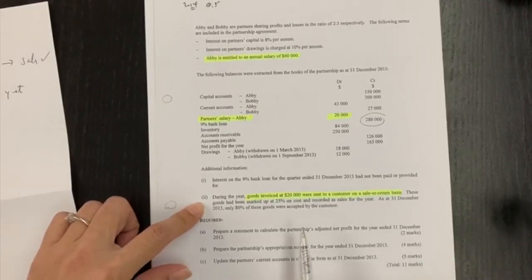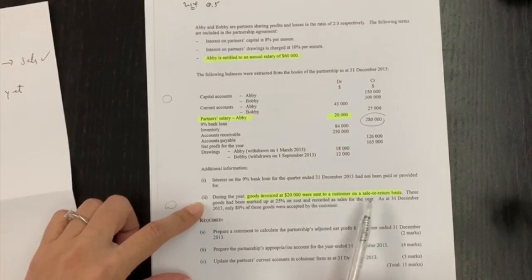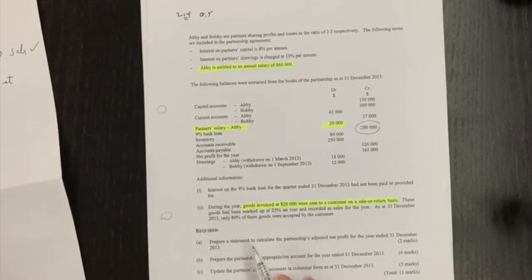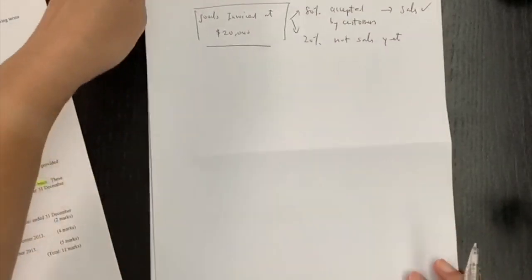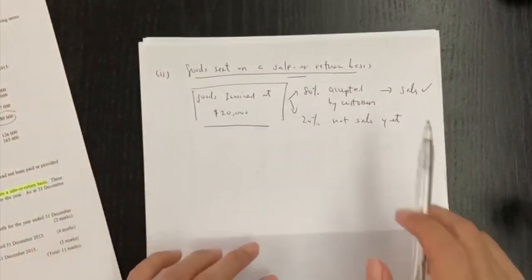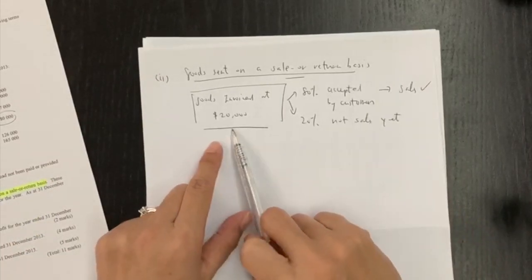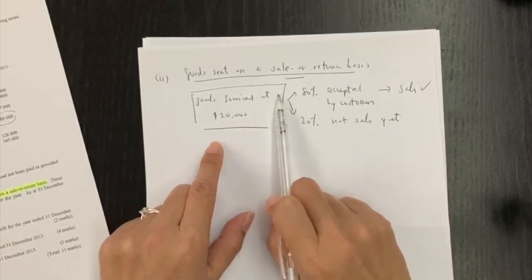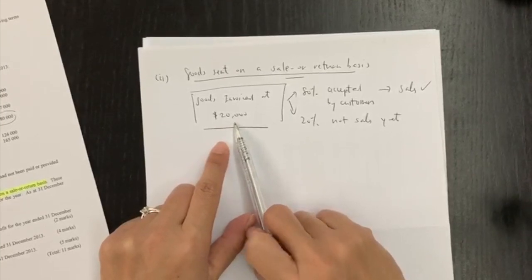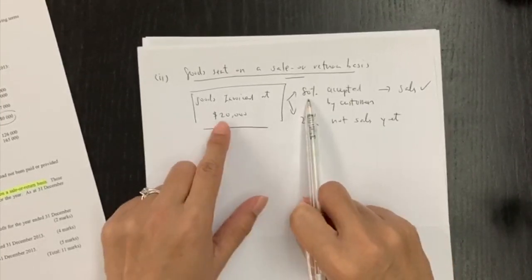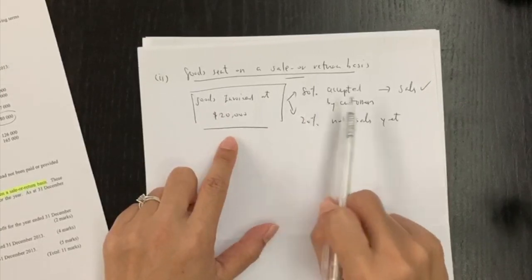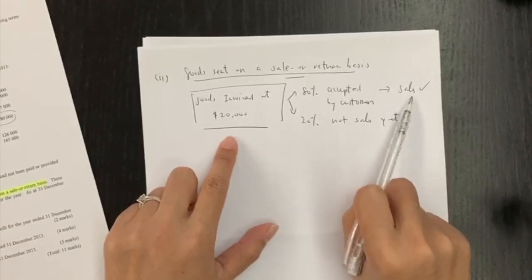Okay, so after point 1, now we come to correction of error related to point number 2. Let us do some revision on goods sent to customer on a sale or return basis. Here is my diagram to explain goods sent on a sale or return basis. We are given goods invoiced at 20,000, and the customer only accepts 80% of the sales, so that 80% will be counted as sales.